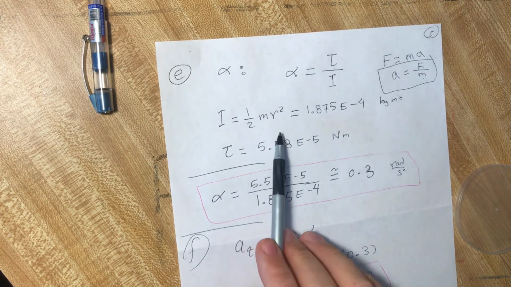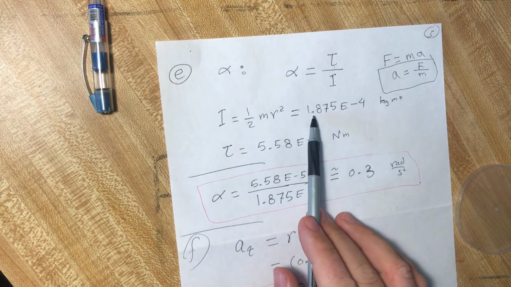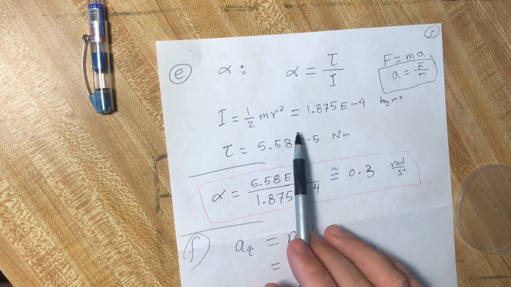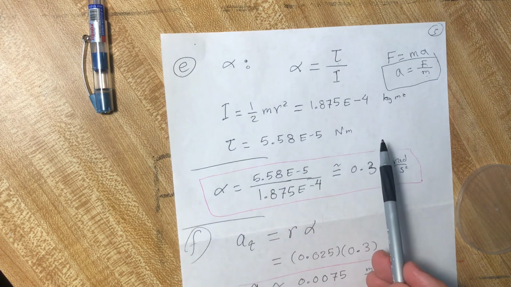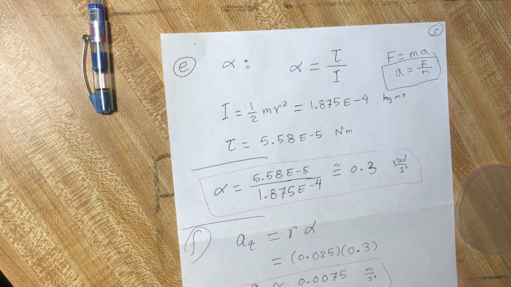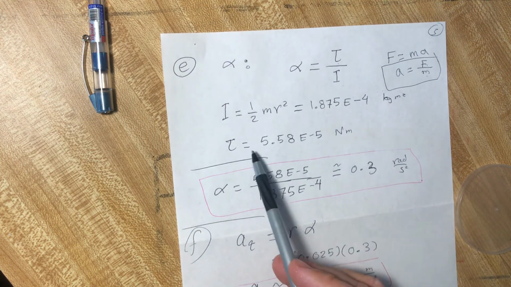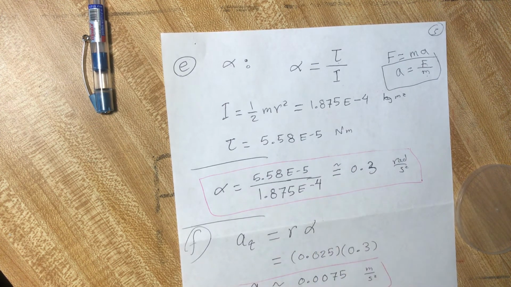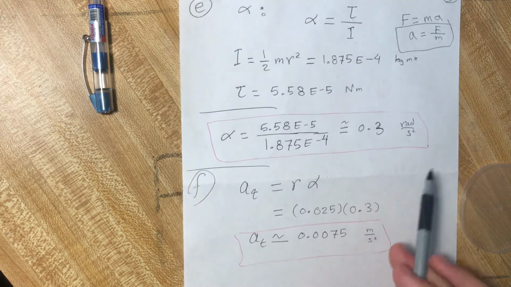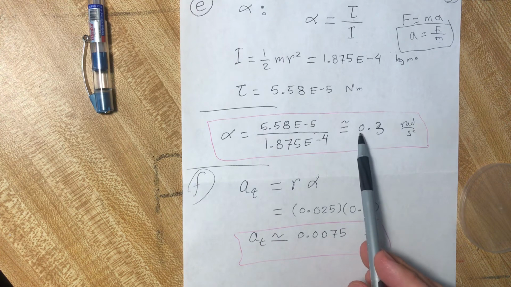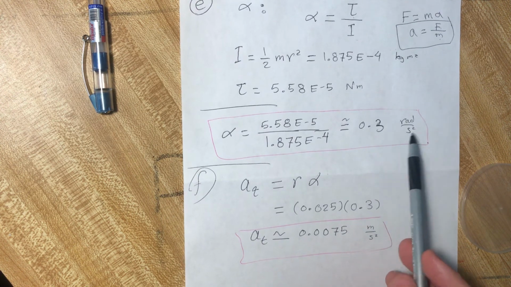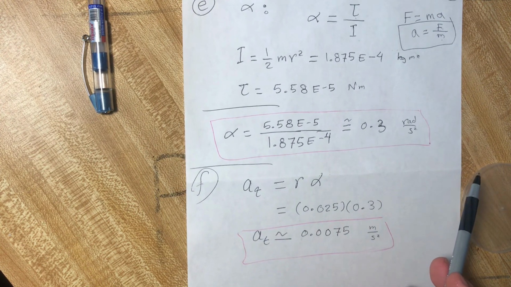The moment of inertia, we found before, is 1.875 multiplied by 10 to minus 4. You can use 1.9, for example, if you need to approximate it. And the torque, we found it now. So the angular acceleration will be approximately 0.3 radians per second squared.